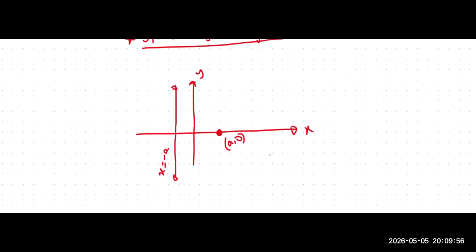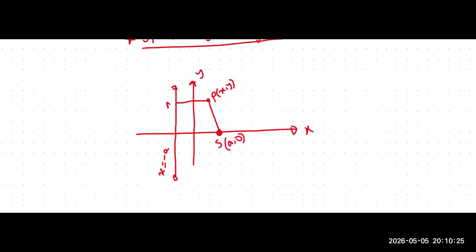In that case, any point, let's say that representative point is x, y. Any point x, y will be on the parabola if this particular distance works out. Let's say the focus point is S. So the distance SP is equal to the distance PM.